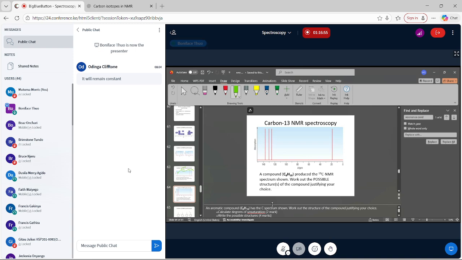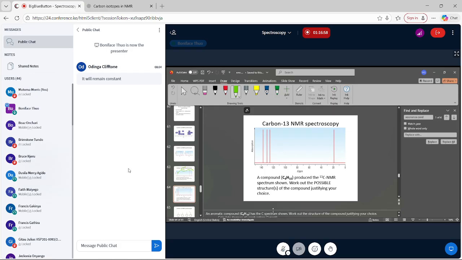So we have another structure here, another spectrum here. We are given the chemical formula and the NMR spectrum. Okay, so we are saying that we have 4 peaks for the carbon-13 spectrum.